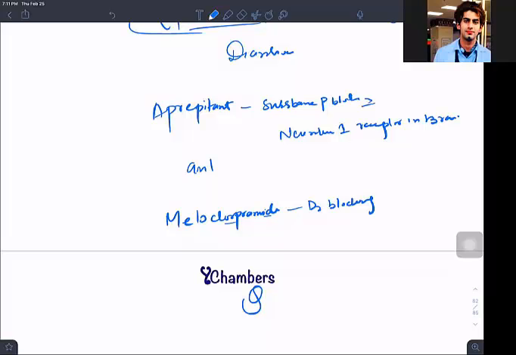So actually we are using it in diabetic gastroparesis, or in post-operative gastroparesis. Or you can use it as an antiemetic also, or in patients who are having persistent or long lasting gastroesophageal reflux disease.